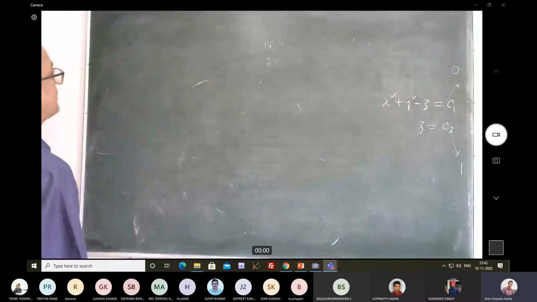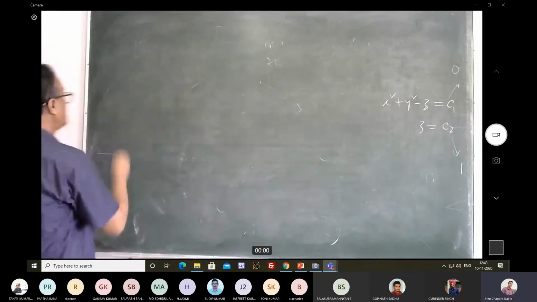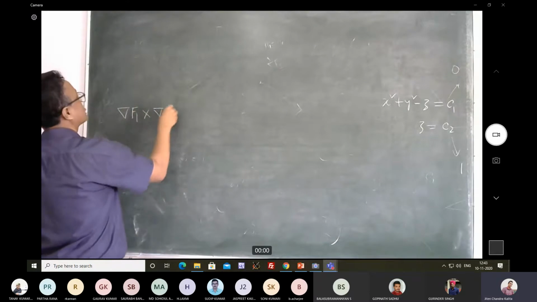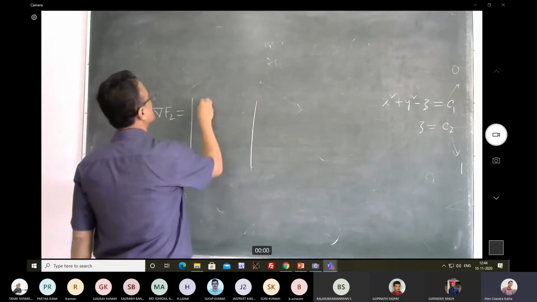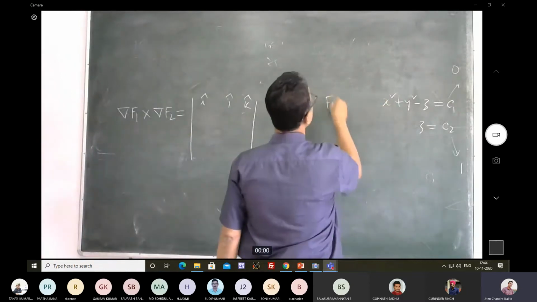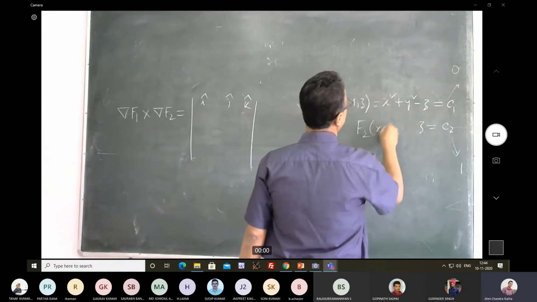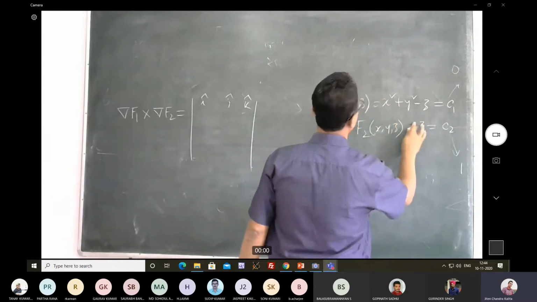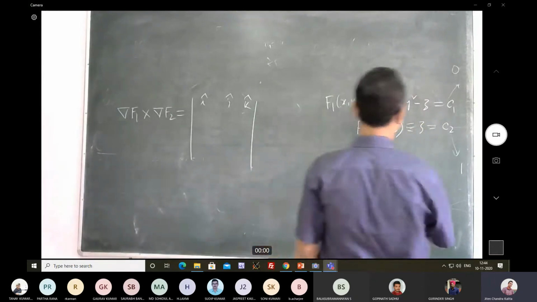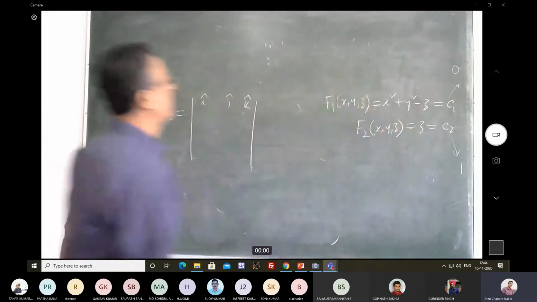Now the very first thing that you have to consider: let me find grad f1 cross grad f2. How is it going to look from these two? Of course, this one is f1(x,y,z) and this is f2(x,y,z). Let me write the equivalent.